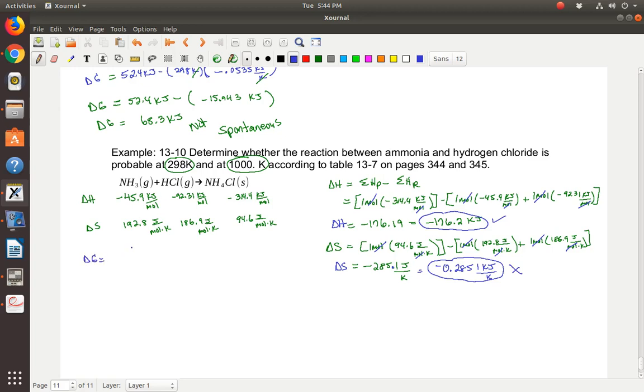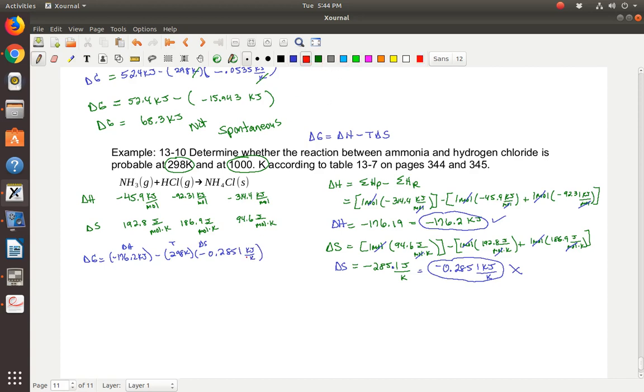So we're going to put both of those in to calculate delta G, and we're going to calculate it at 298. So we start off with negative 176.2 kilojoules, because delta G equals delta H minus T delta S. So first the delta H value, minus the first temperature, 298 kelvins, times the delta S value, which is negative 0.2851 kilojoules per Kelvin.